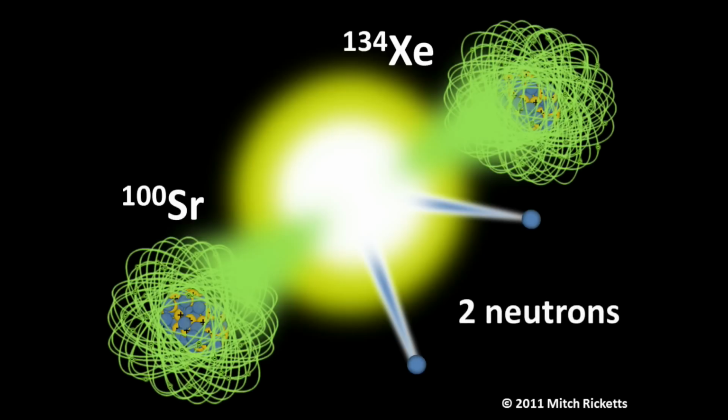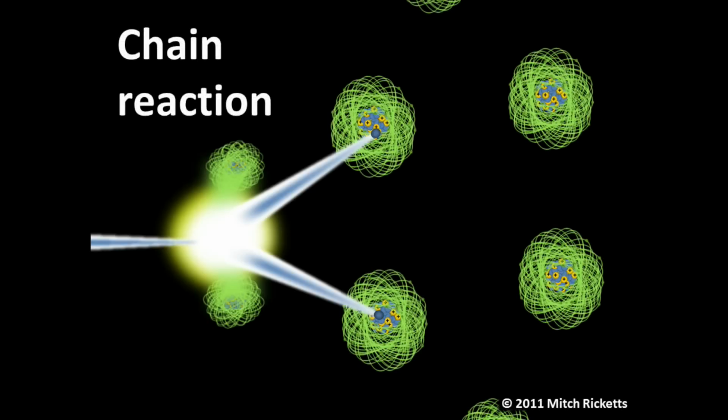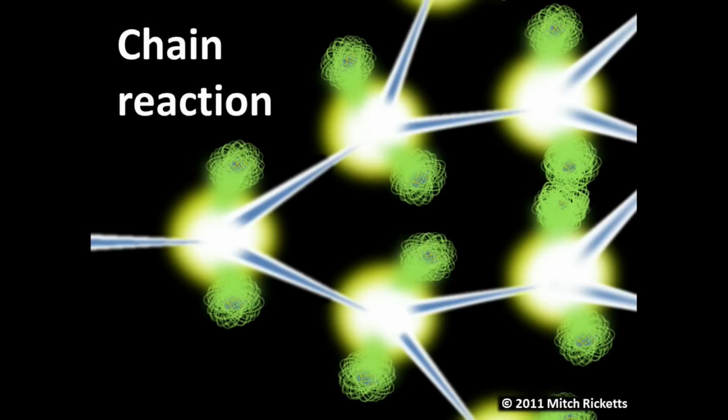It also resulted in two neutrons. So we started out with one neutron heading toward this uranium atom. Now we have two neutrons. So if we get more free neutrons out of this than we started with, and we've got other uranium atoms in our reactor, then we can end up with something like a chain reaction.